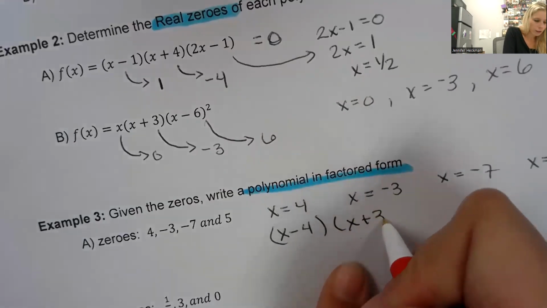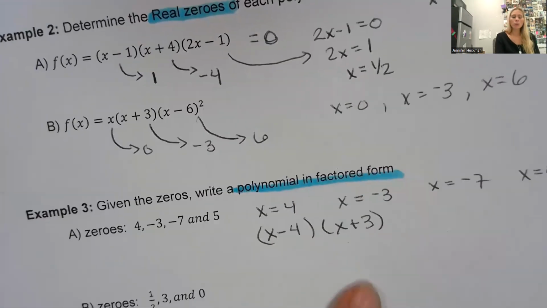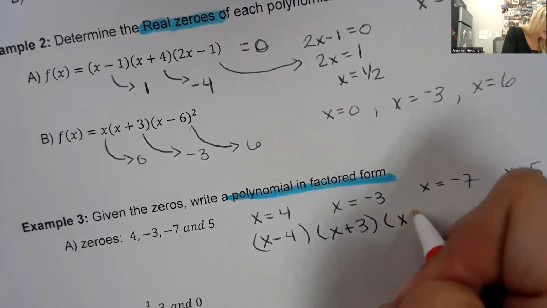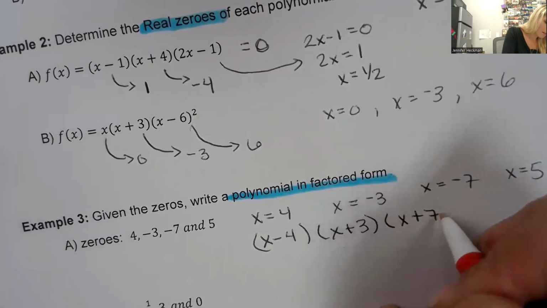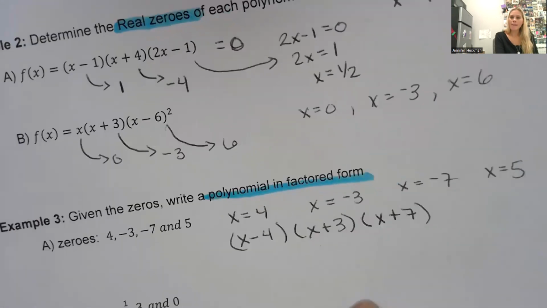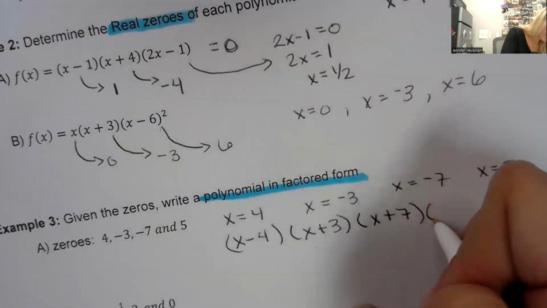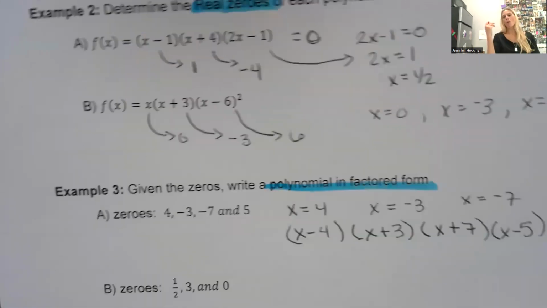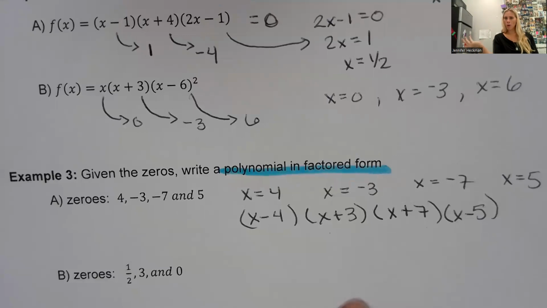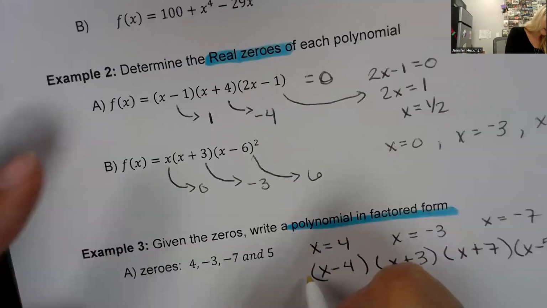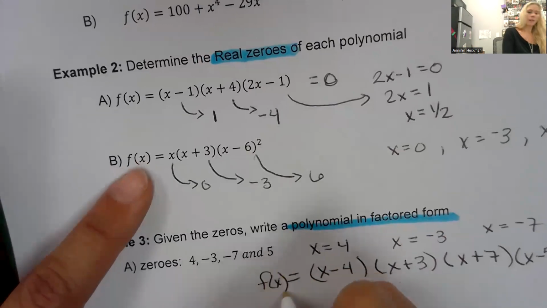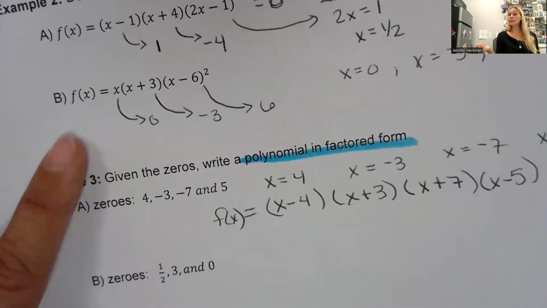If we were to move that -7 over, we would have x plus 7. And if we were to have that 5 moved over, we would have x minus 5. And what do you know? We just wrote our polynomial in factored form. So this right here would be f of x, given the zeros.